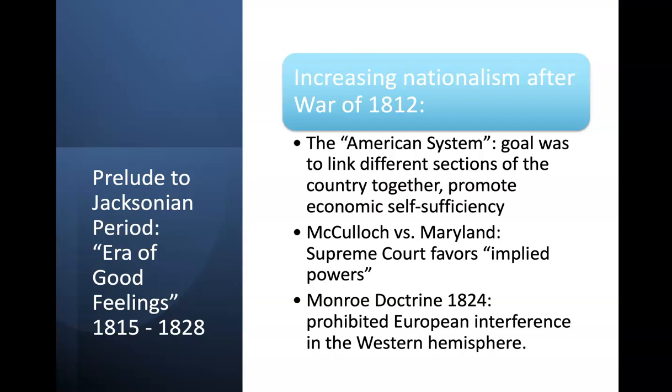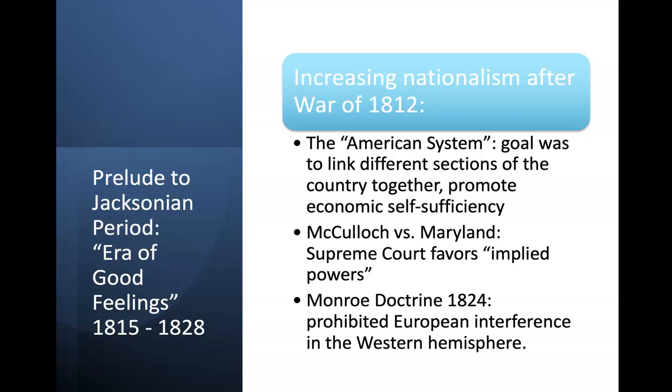Okay, so here's the deal with the American system. This is really a form of economic nationalism. That's something we discussed with the war hawks, if you recall, where they wanted to be self-sufficient rather than be beholden economically to England. So right after the War of 1812, we see the attempt to undertake this economic independence, to pursue it. And a big part of this goal was called the American system.